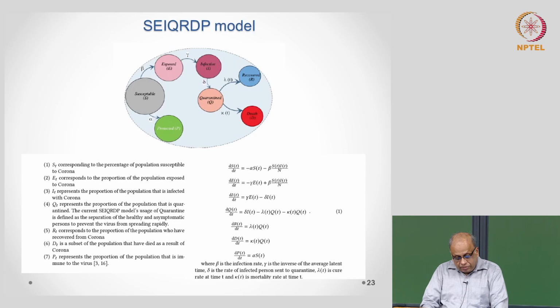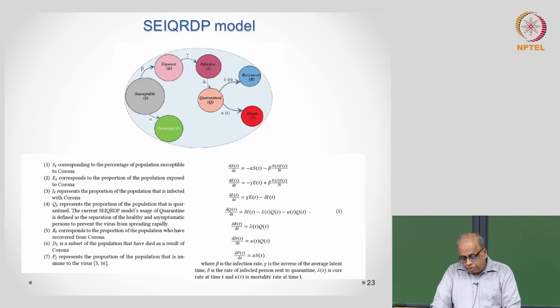And then they have various kinds of equations. The equations measure how you go from one state to another state. Okay, so for example, from the susceptible state, what is happening? People from the susceptible state can move to the exposed state, or they can move to the protected state.